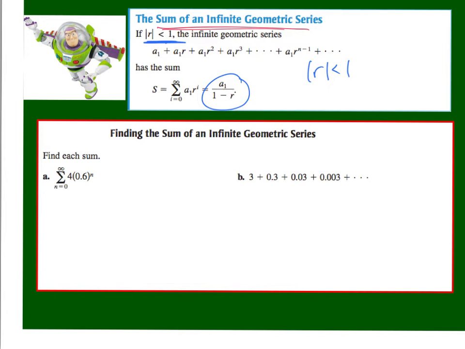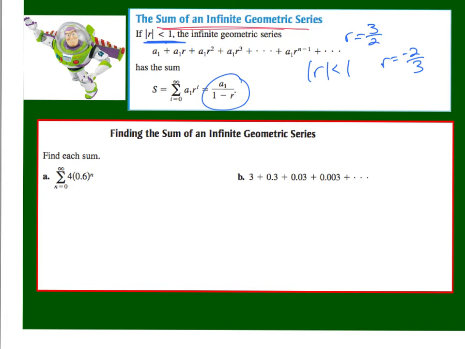So, for instance, if we have, let's say, 3/2 as my r, being multiplied term by term, can I actually use this formula? I can't. However, what if we have our ratio as a negative 2/3? Can I actually use this formula? Yes. So we need to check that every now and then to make sure we can actually use this.